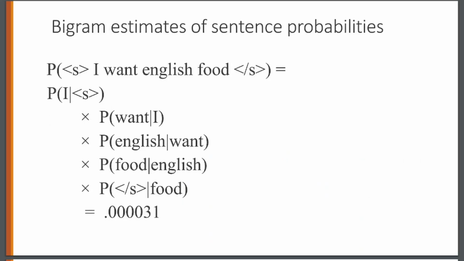The probability of want given I. How likely is it that English follows want? The probability of English given want. Right? And so by multiplying, we see 0.00031. The likelihood of the occurrence of a particular sentence, I want English food, is actually quite low.